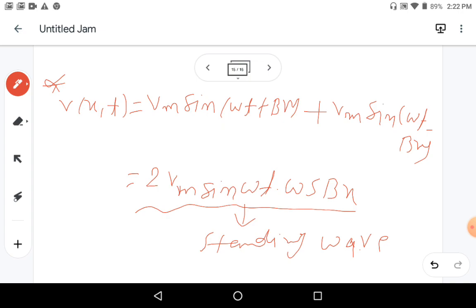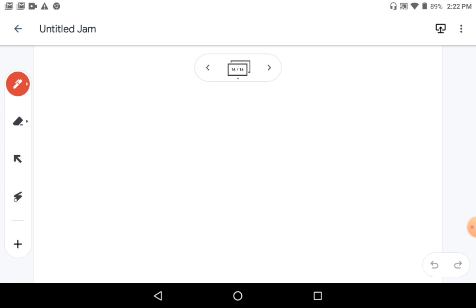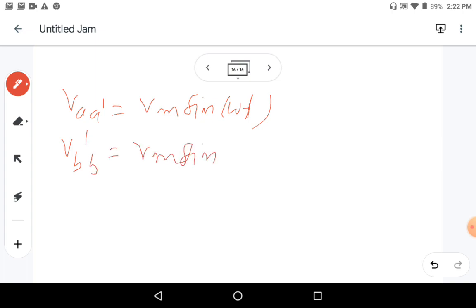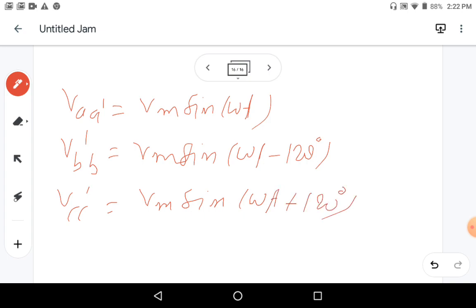Now we know that in three phase the voltages are v of a equals Vm sine of omega t, v of b equals Vm sine of omega t minus 120 degrees, and v of c equals Vm sine of omega t plus 120 degrees, or Vm sine of omega t minus 240 degrees.